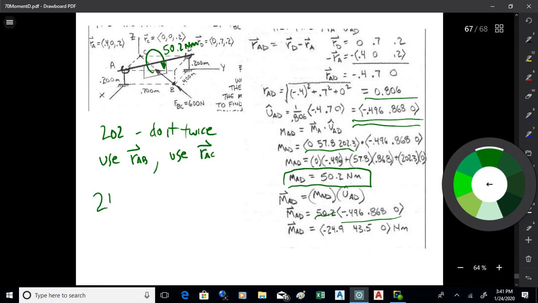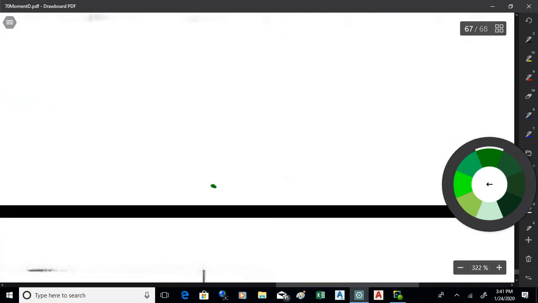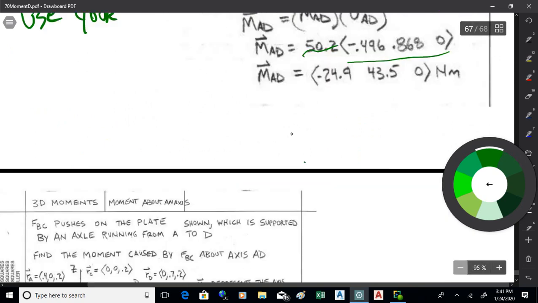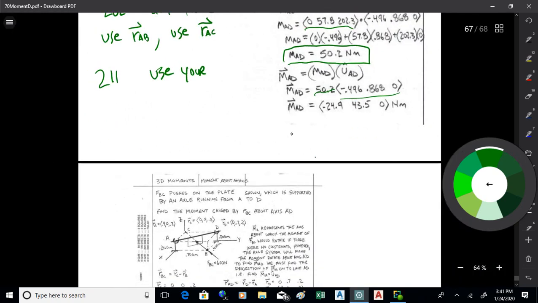And then let's do 211. You can use your answer from 201, which you're doing for Monday. So you can go ahead and use that. And what you're going to do there on 211 is just take the moment vector from 201 and then find the moment about an axis with it.